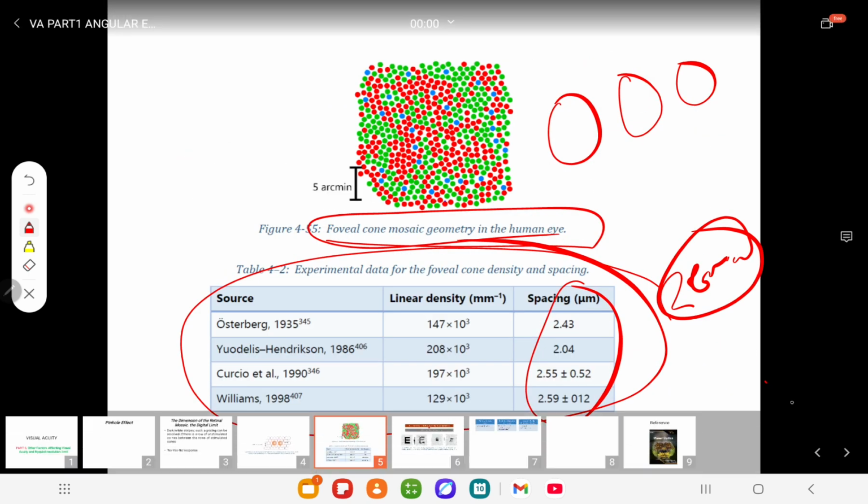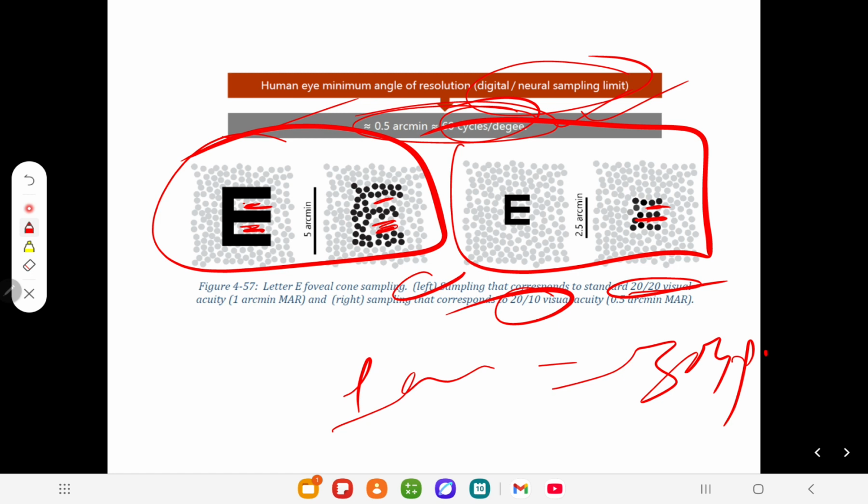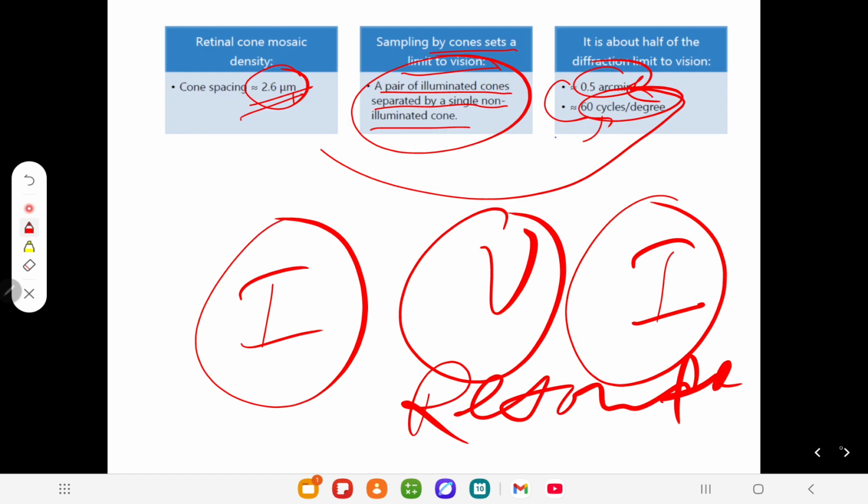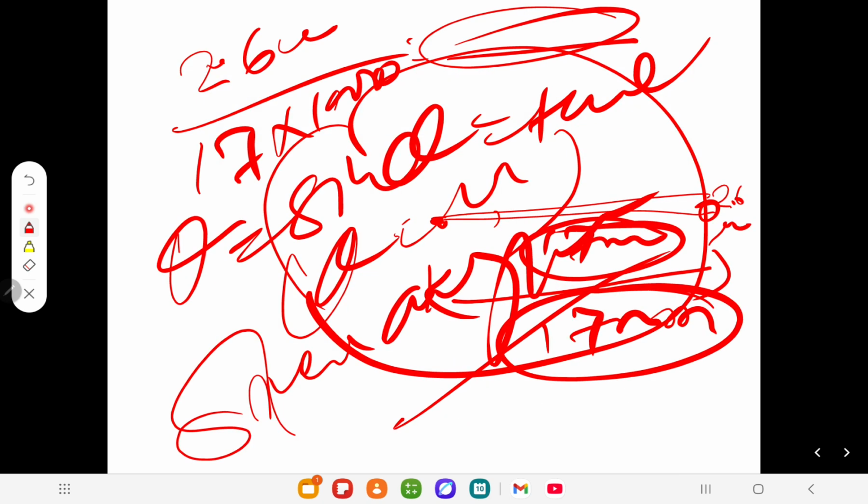Rayleigh criteria tells us it's 30 cycles per degree, 1 minute of arc, but Nyquist theory tells us it's 0.5 minutes, or 30 seconds of arc. Just remember these things. It's important whenever a faculty member asks you in an exam, people will understand how deeply you understand visual acuity from these concepts.